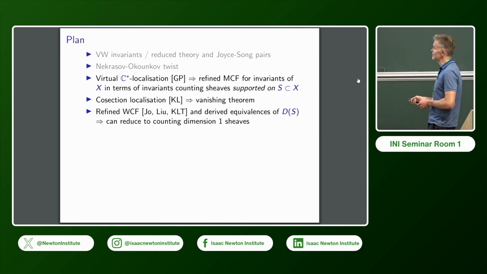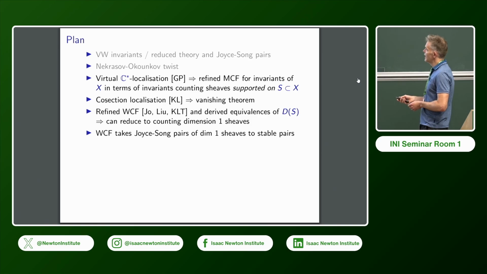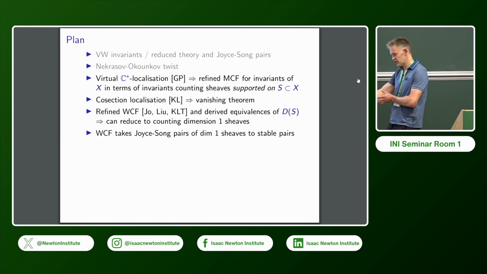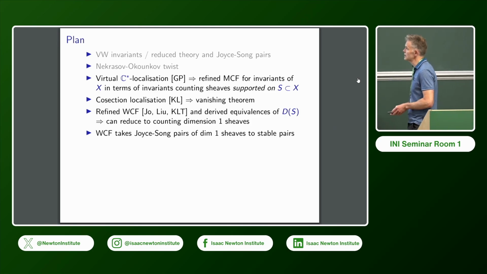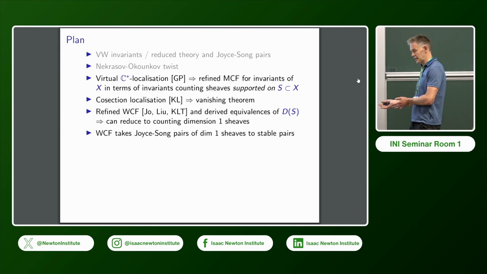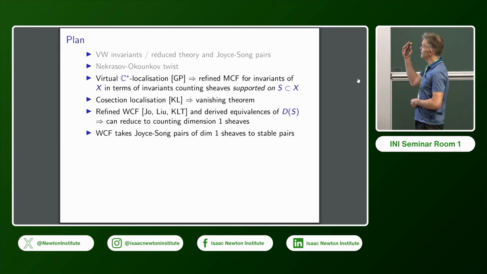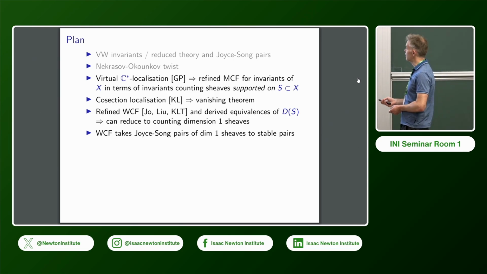And the reason that's an advantage is that then you count these dimension 1 sheaves, possibly strictly semistable, by taking their joyce on pairs. So now what you have is a dimension 1 sheaf with a section and a certain stability condition. And what you can do is change that stability condition until you get something called stable pairs. So they're also dimension 1 sheaves with a section with a different stability condition. And I will explain what those are.